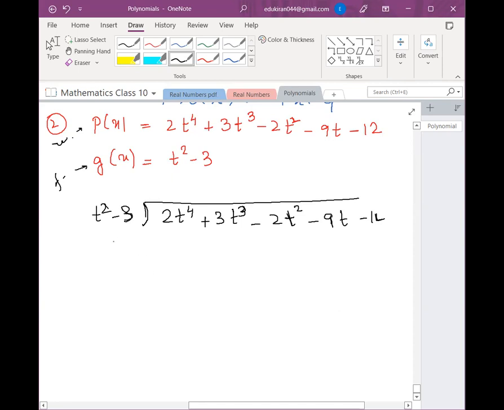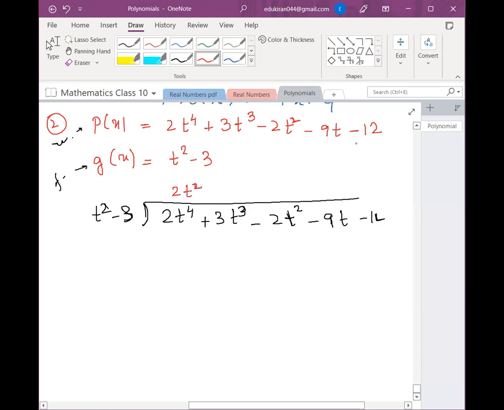Now see, the first term is 2t to the power 4 and I have t square here. So what will I write here? 2t square.